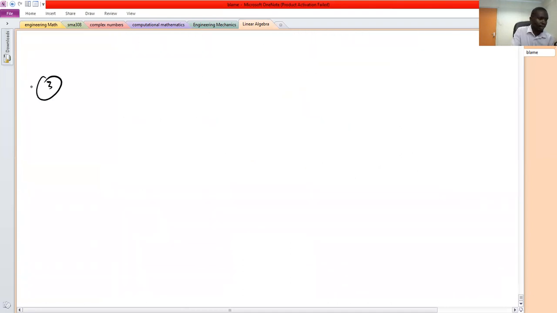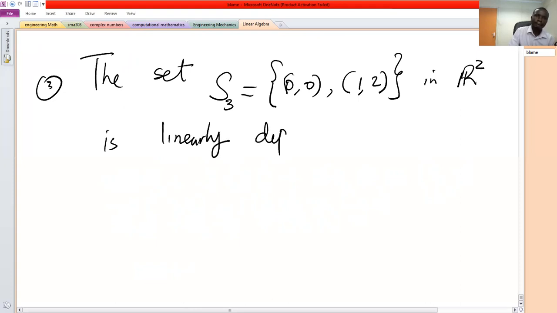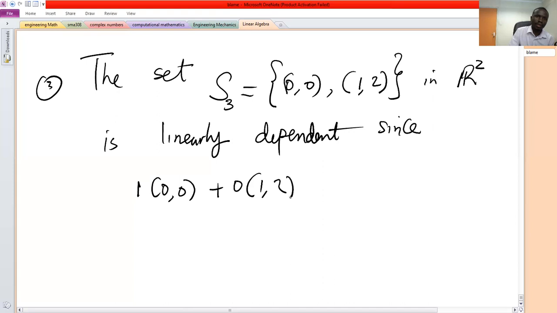Number 3, the set S3 given by the vectors (0, 0) and (1, 2) in R2 is linearly dependent, since we can say 1 times (0, 0) plus 0 times (1, 2) gives us the 0 vector.